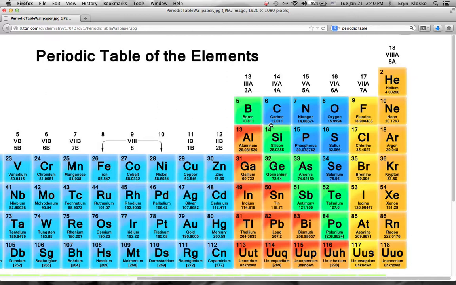You could have carbon with a mass of 12, meaning it has 6 protons and 6 neutrons. You could have carbon with a mass of 13, which would be 6 protons and 7 neutrons. So the number of neutrons can actually vary, but if the number of protons varies, you get a different element altogether. We'll see this later in the class, but I just wanted to introduce it here because it's mentioned in your textbook.